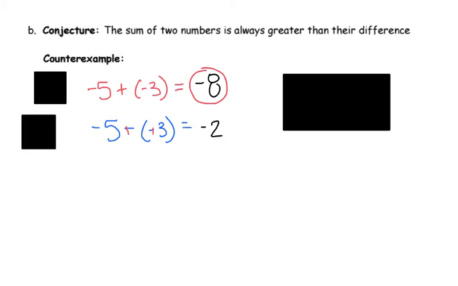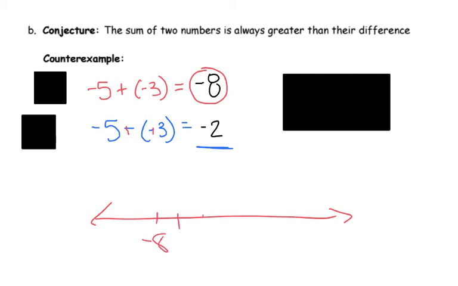So, if we compare these two numbers, negative 8, which was the sum, and negative 2, which is the difference, according to this conjecture, the sum is supposed to be greater than the difference. Hopefully you guys know, and if you have to, draw yourself a nice little number line.